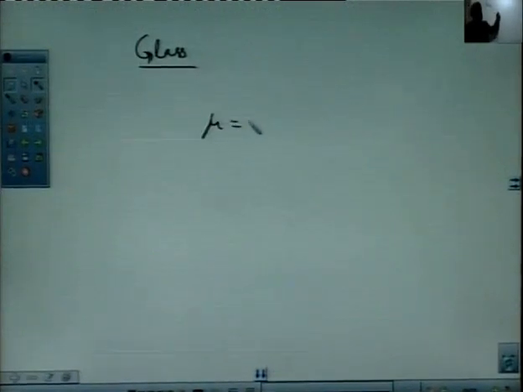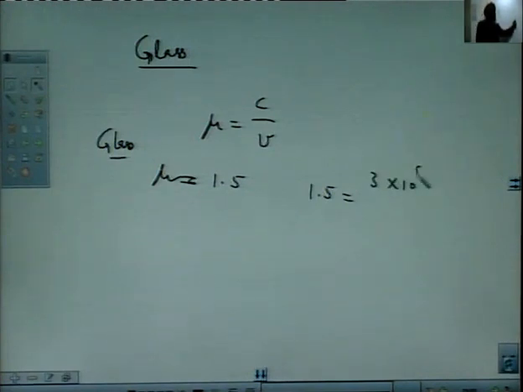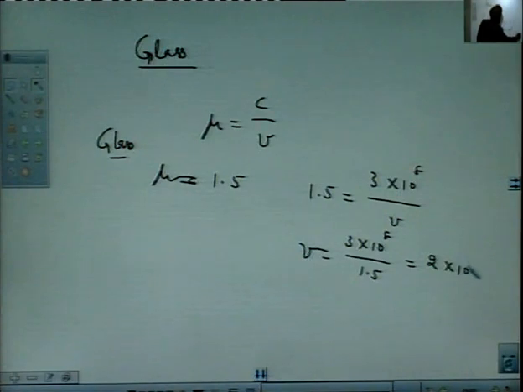Mu is equal to C upon V. In glass, mu is equal to 1.5. So, 1.5 equals 3 into 10 the power 8 over V. So, V will come 3 into 10 the power 8 divided by 1.5, it comes to 2 into 10 the power 8 meter per second.